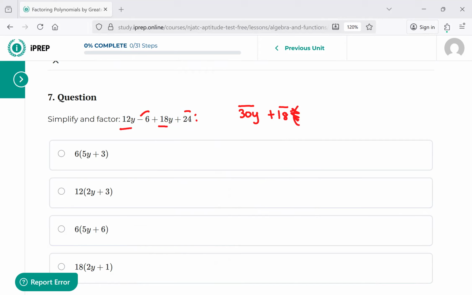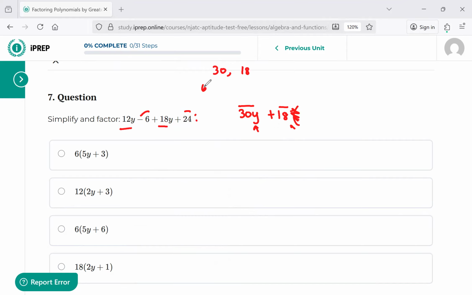What about y's? Can we take out some y's? We have one y here and no y's here, so we can't take out any y's. What about constants? We have 30 and 18. Can you come up with a number that they're both divisible by? I think they're divisible by 6.